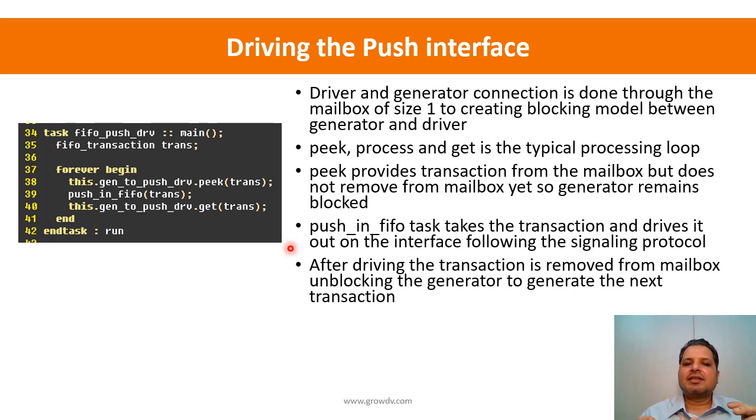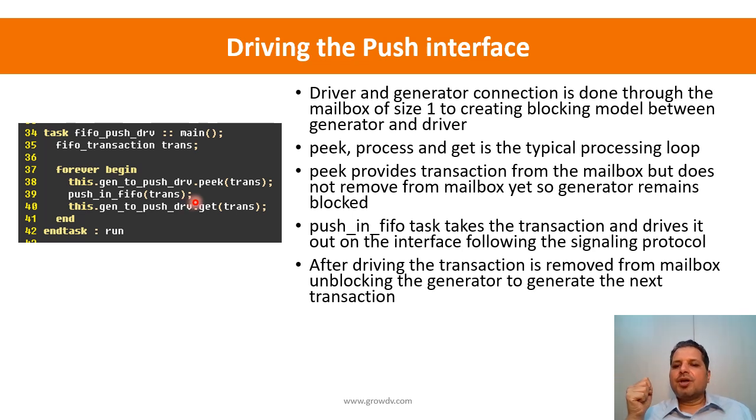The reason we did this is that I could have done a get here instead of peek. If I had done a get, then the generator would have been unblocked to generate the next one before I had a chance to drive this transaction out on the interface. You have to pay attention and understand this concept, because it remains and develops further when we go to UVM, where the same concepts are created in a more advanced form called transaction level modeling ports, or TLM ports, but the concept remains the same.